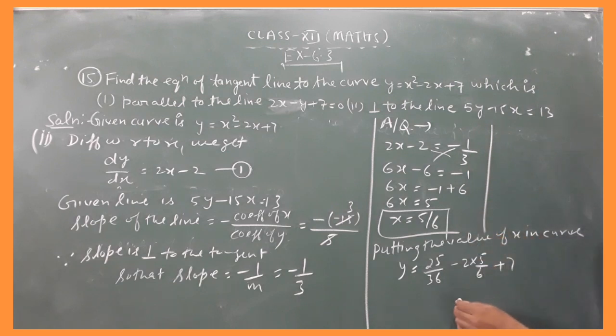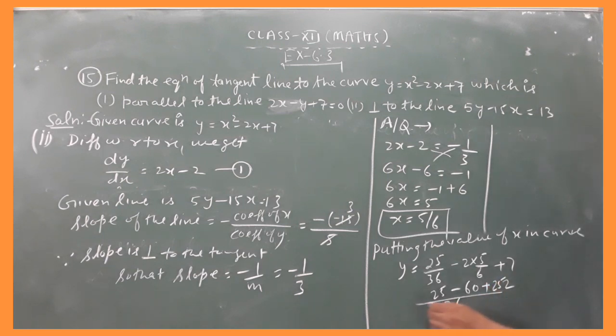It means what? 36 is the LCM, 25 minus 60 plus 252.